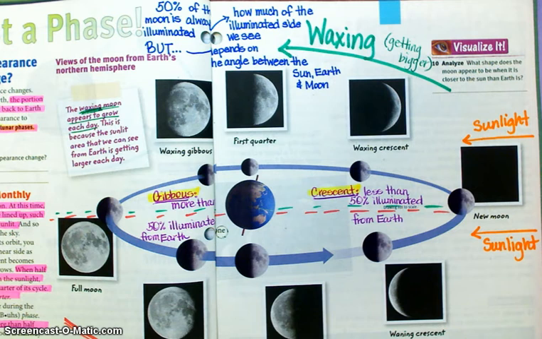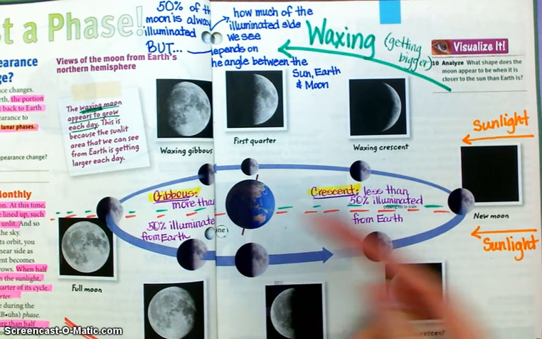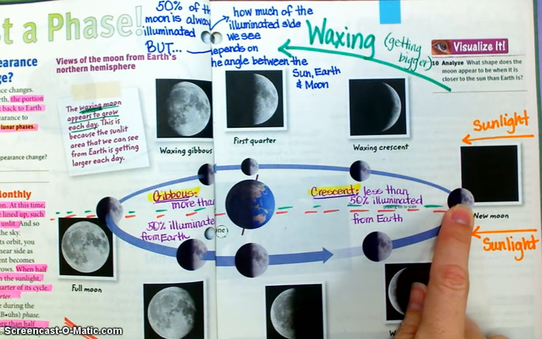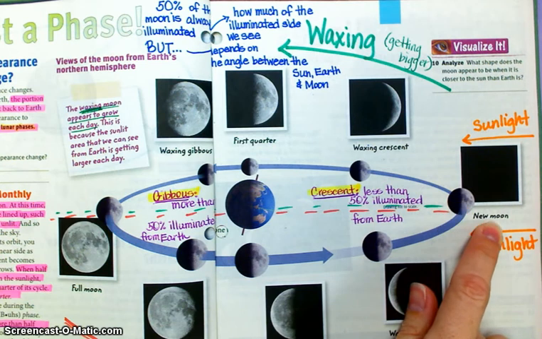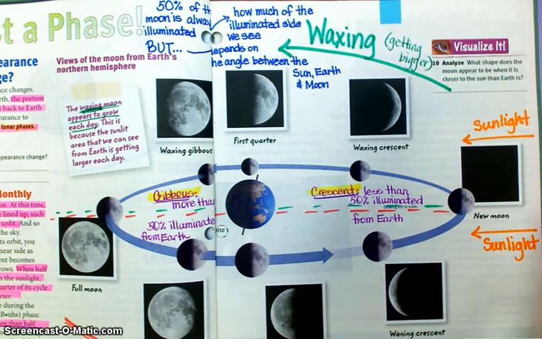First of all, I gave you a hint about the new moon. New moon is always in between the sun and the Earth. So this would have to be the position of the new moon, even if it wasn't labeled new moon. Okay, because the new moon is in between the Earth and the sun.